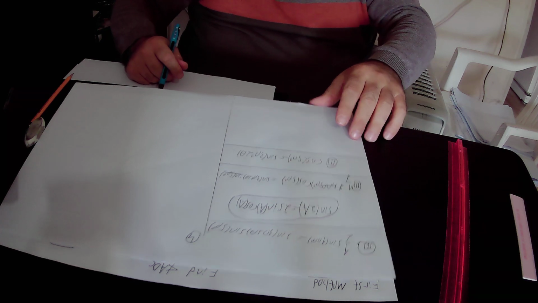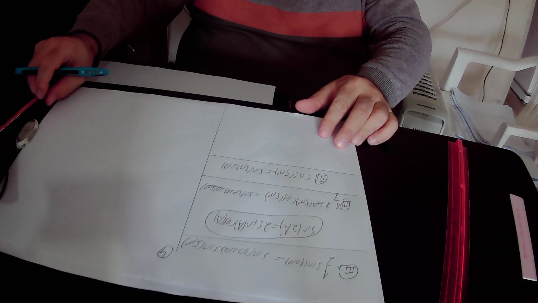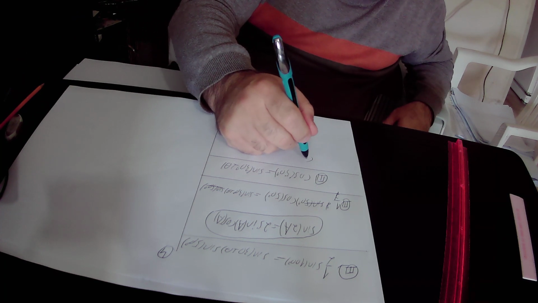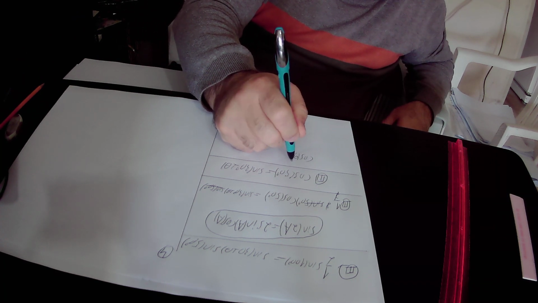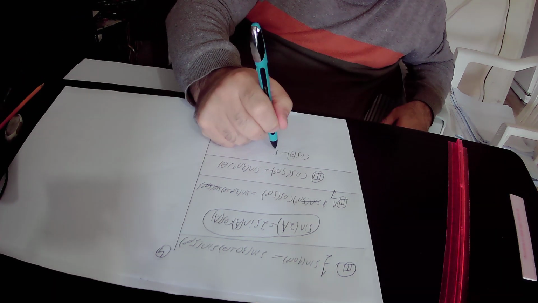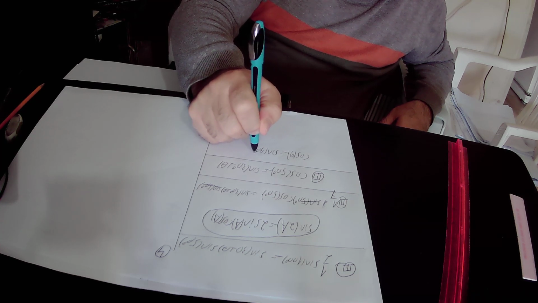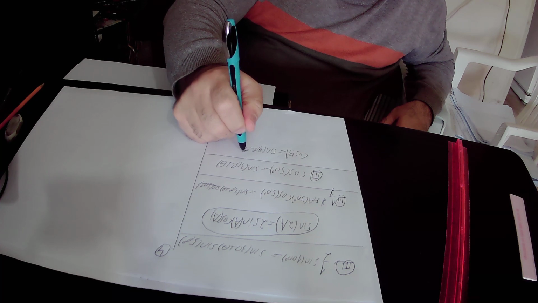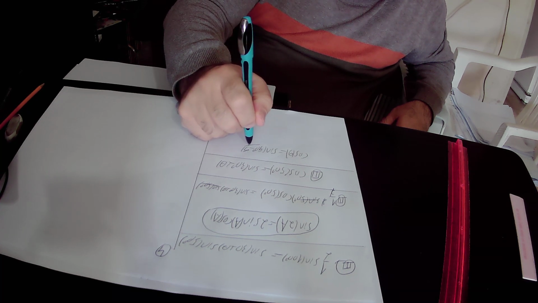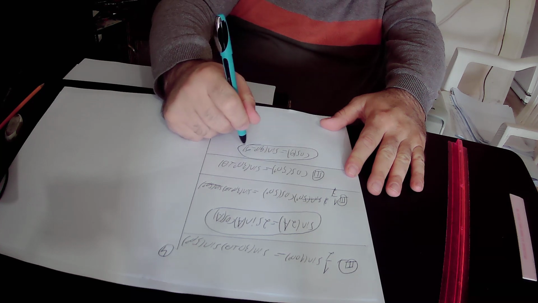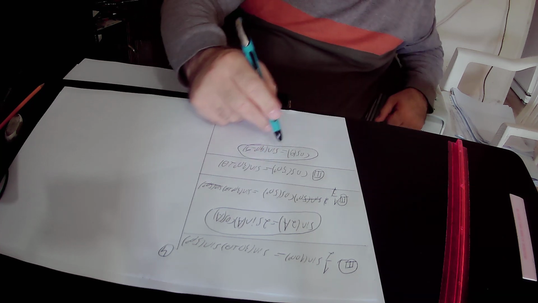Here we will use the trigonometric identity that states that cosine alpha equals sine 90 degrees minus alpha. We'll use this trigonometric identity in order to calculate the value of cosine 50 degrees.